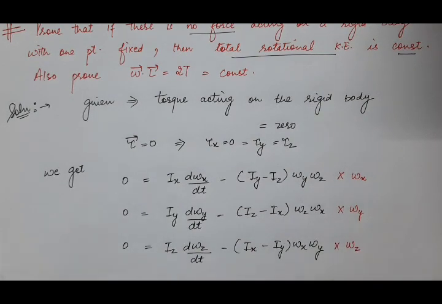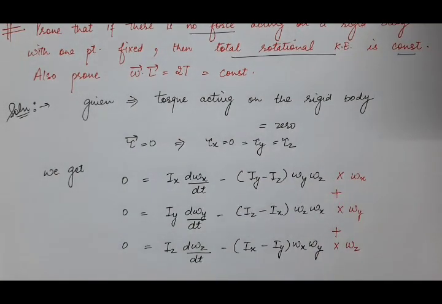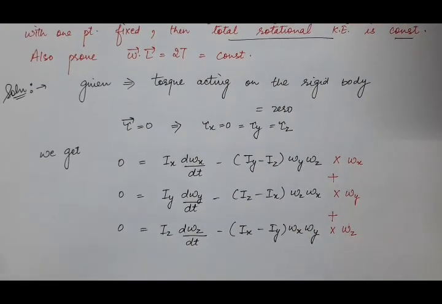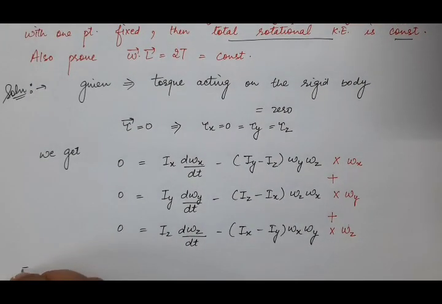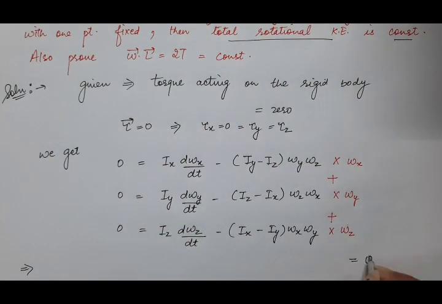So what we will get after that? Then add these three equations. After multiplying the first equation by omega x, second by omega y and third by omega z, add these three equations, and what you will get? We'll get 0 plus 0 plus 0, so we have 0 on this side, and this equation is multiplied with omega x.